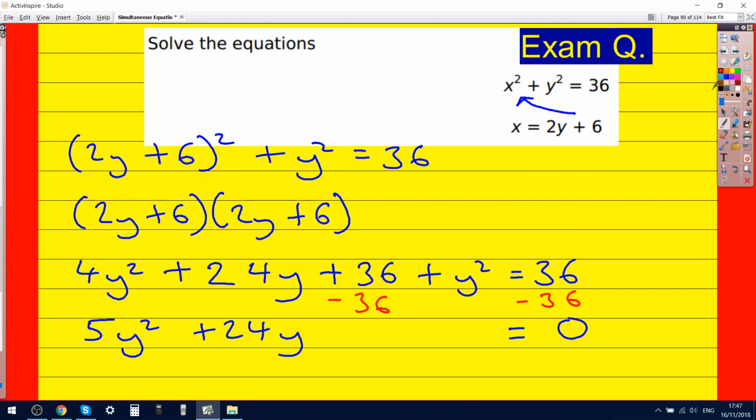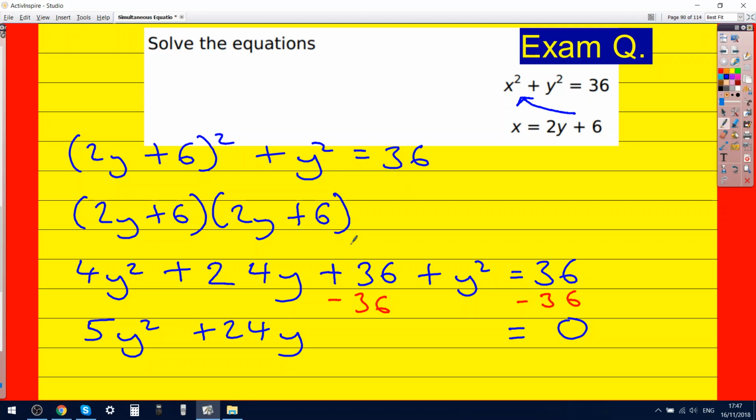So it's 5y squared plus 24y equals 0. How do you solve that? You can't halve these two, so you can't make that any simpler.